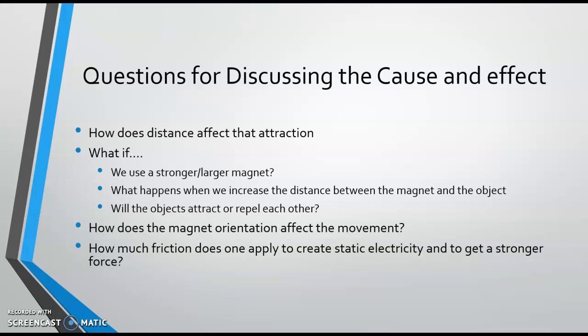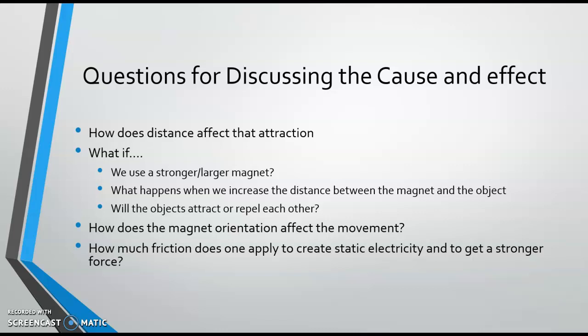So, some of those questions that you're going to want to use as discussion as you fill out cause and effect and you're watching the forces that happen with magnets repelling and attracting or with the static electricity. Start to look at how does distance affect that attraction between these forces? And what if we used a stronger or a larger magnet?